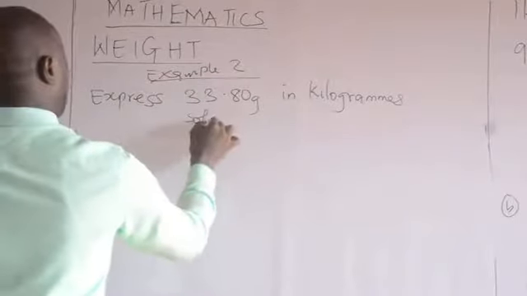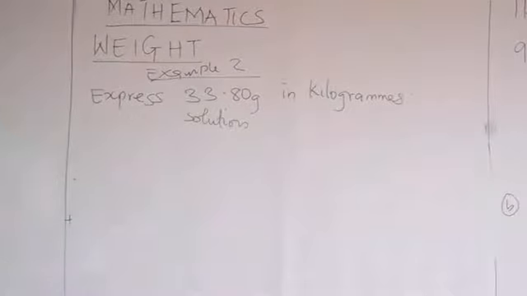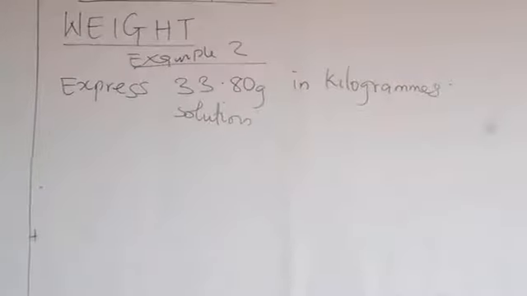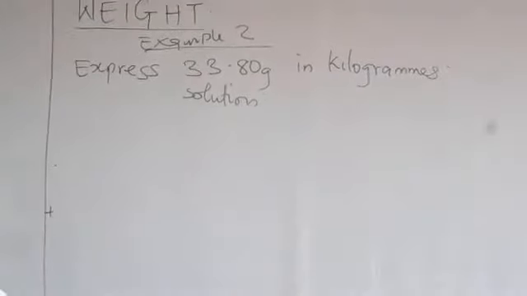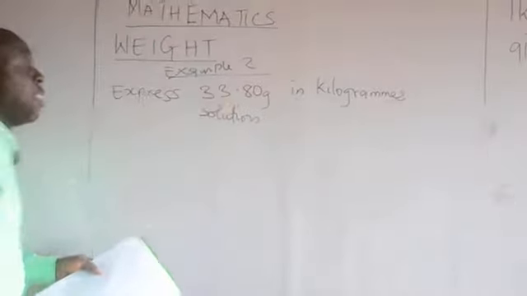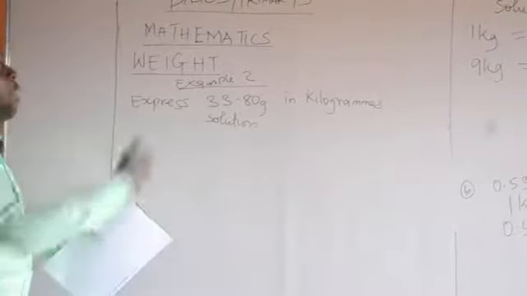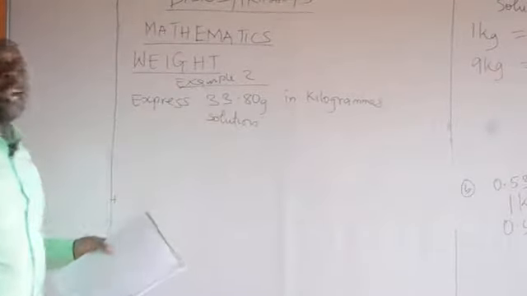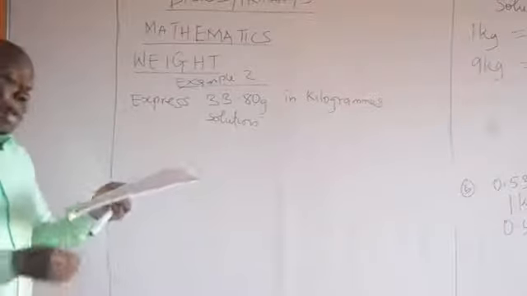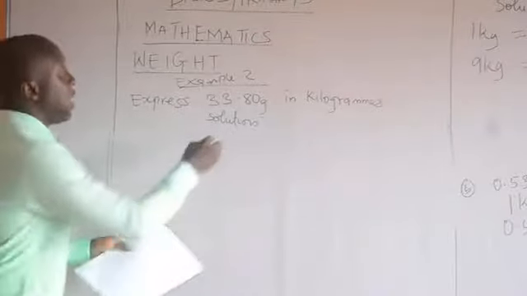Solution. Express 33.80 gram in kilogram. Whenever we are given this type of question and the value given to us is in gram, if we are converting from gram to kilogram, we are expected to divide by 1,000. We divide 33.80 by 1,000.